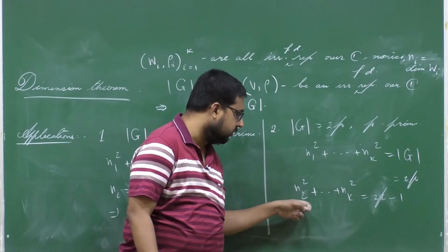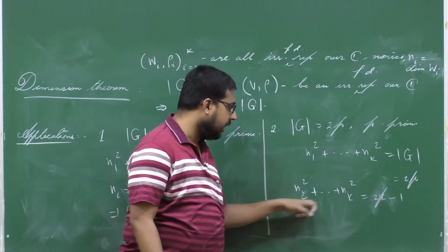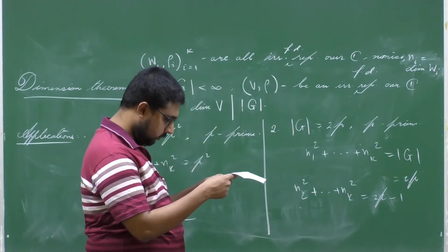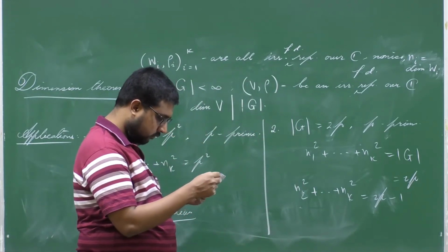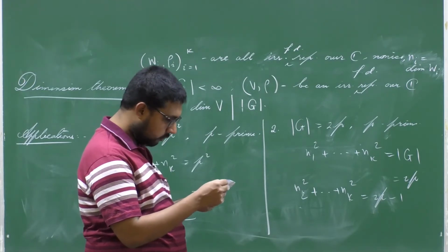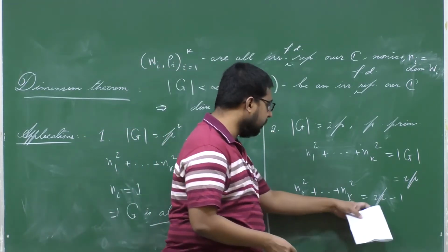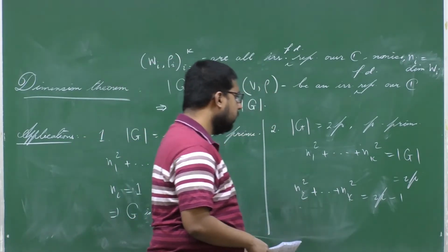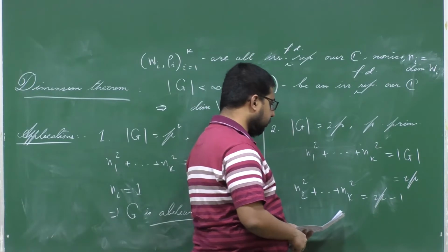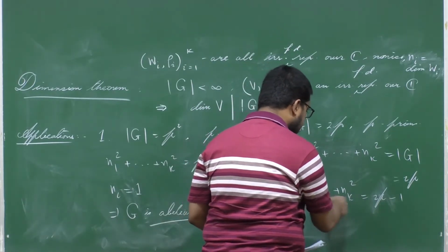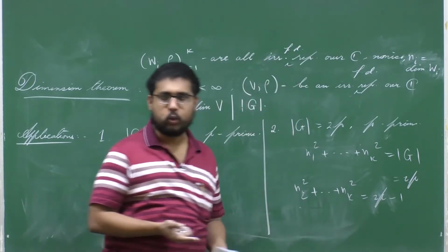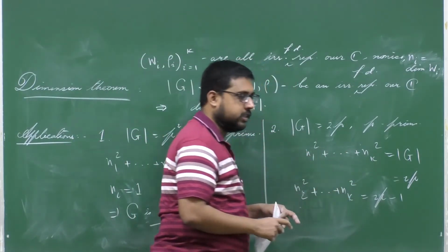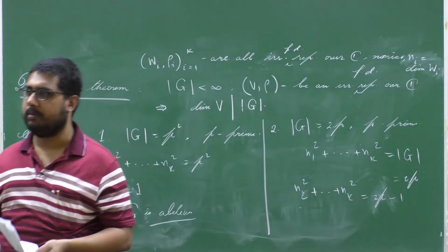Can any of these be p? Certainly not, because then the left hand side will be more. So each of them will be either 1 or 2. So one thing is clear: in this case any irreducible representation will be either 1 dimensional or 2 dimensional.